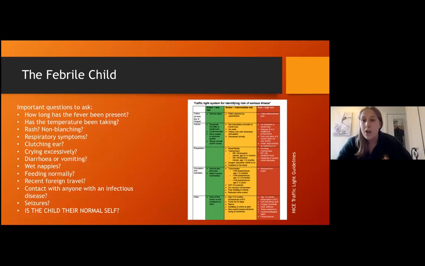And an under 3 month old with a temperature of 38 degrees is really quite worrying as well. And then signs of specific illnesses, such as non-blanching rash or neck stiffness that you might see in meningitis, which we're going to come on to a little while later. So that's just a key piece of guidance to know about. You don't necessarily need to memorise it, but I'd get familiar with the red ones, because if you see those children, you're going to want to send them straight to A&E.